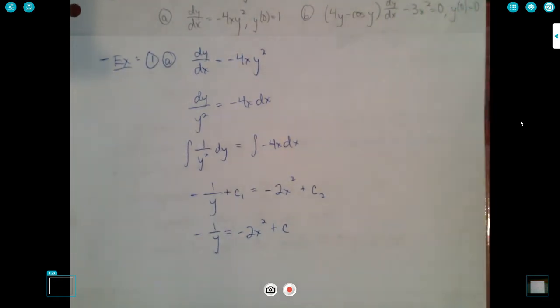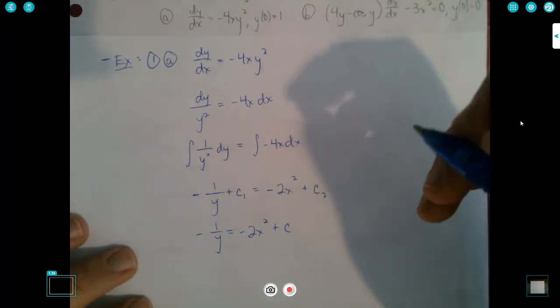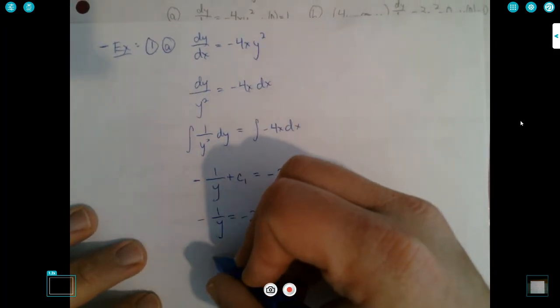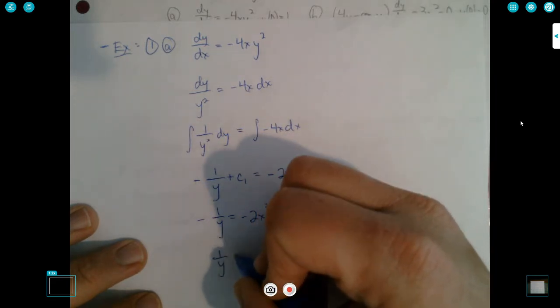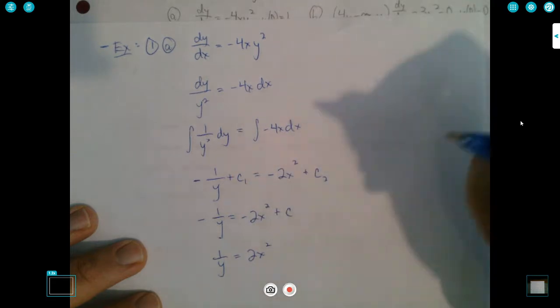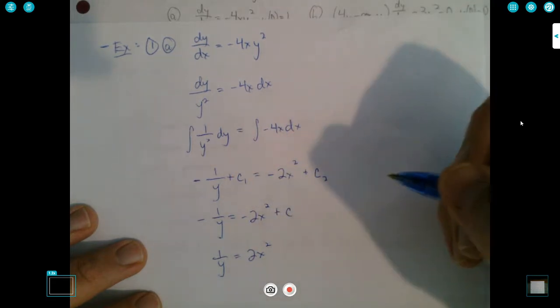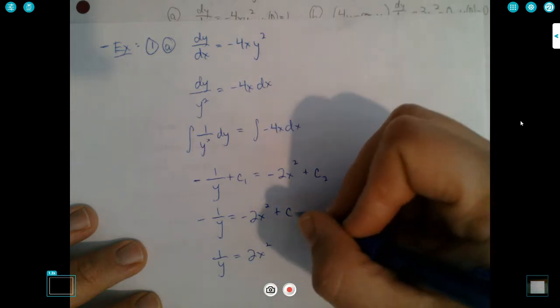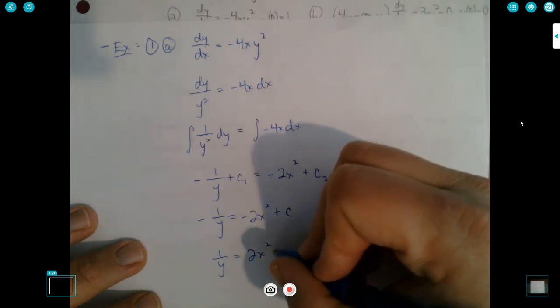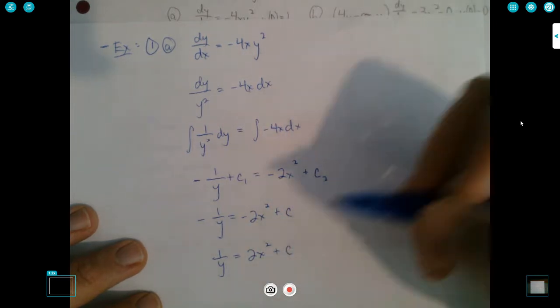And I can get rid of the negative and call this 1 over y equals 2x squared. And once again, maybe I'm kind of abusing the notation, I guess, but I'm just going to call this plus c still. It's just some constant.